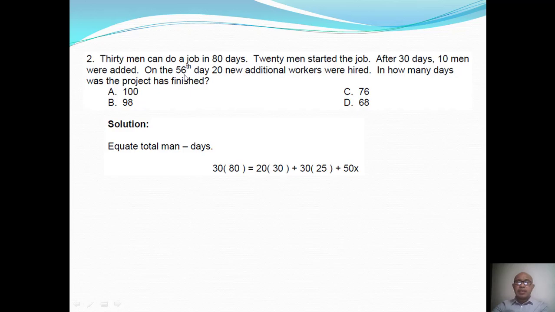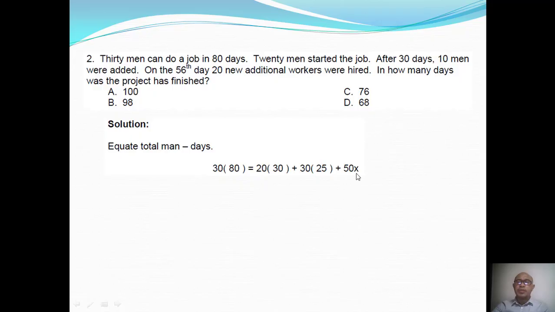Meaning from the 31st day to the 55th day, there are 25 days, with 30 men working. Then on the 56th day, we have 20 additional men, so we have already 50 men working.